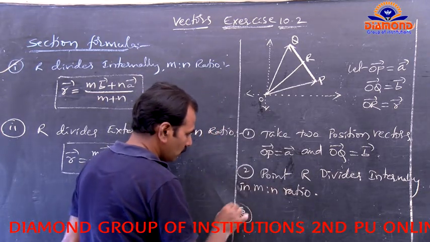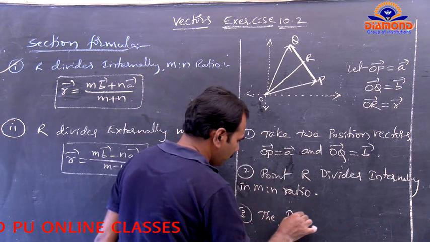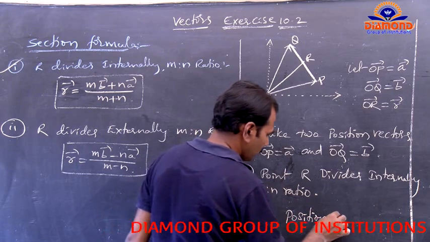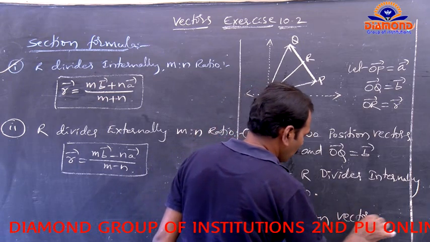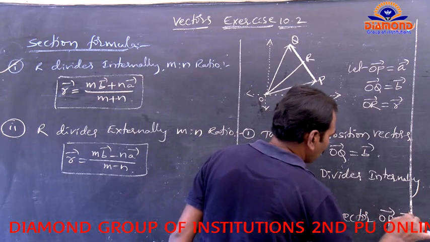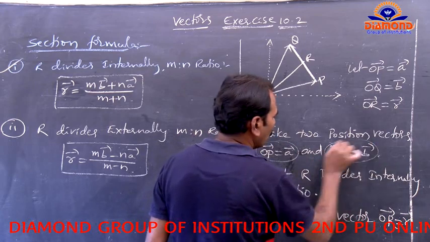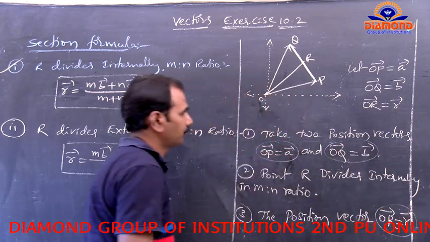So the position vector OR equals R. We have OP bar, OQ bar, OR bar.